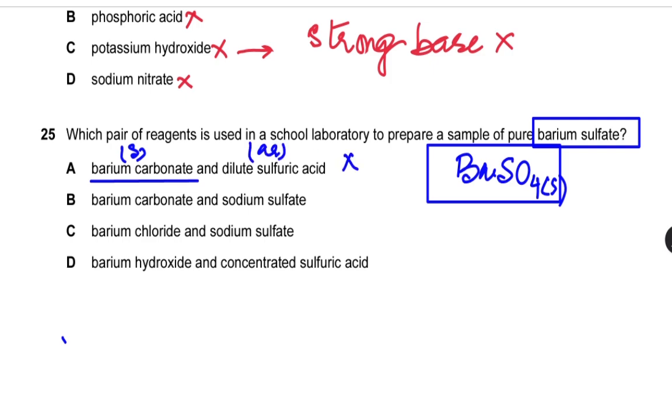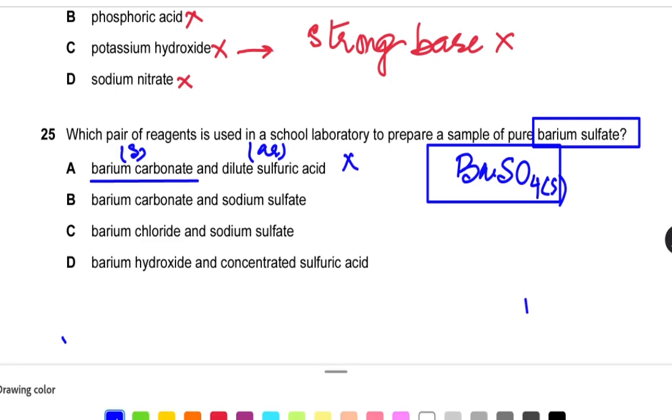Salt will not form. Barium carbonate, on the other side, reacts with dilute sulfuric acid, but because of the insoluble salt, let me tell you how barium sulfate reacts with the barium carbonate.